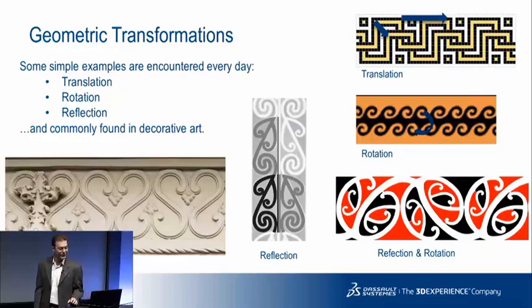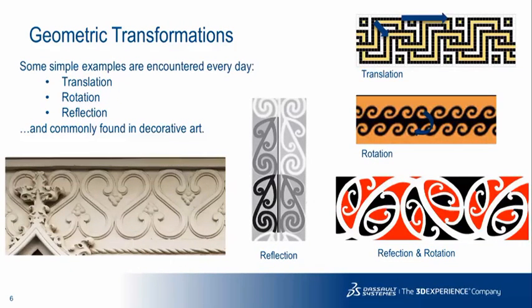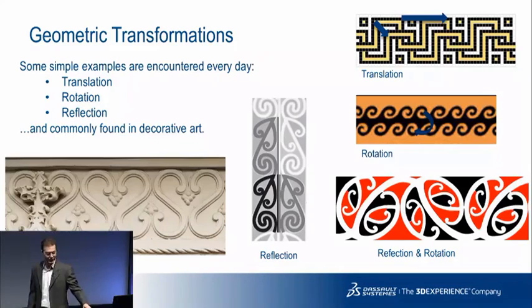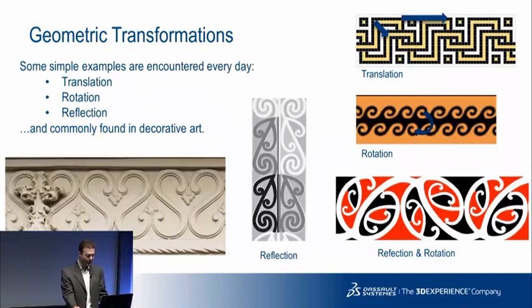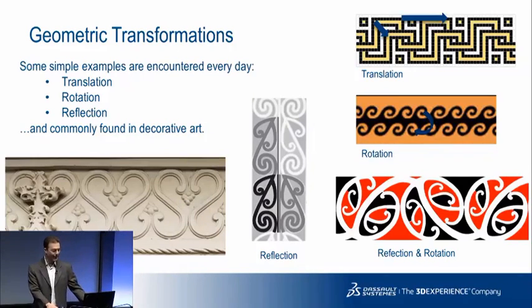Now, you can see geometric transformations quite frequently in decorative arts. You encounter this all over the place. You see motifs being translated and repeated to decorate the borders of images. You see rotations. Sometimes they're slightly hidden, but you can see a rotation such as this, where the upper image is rotated to give the lower.